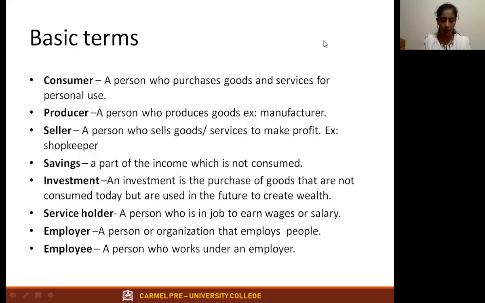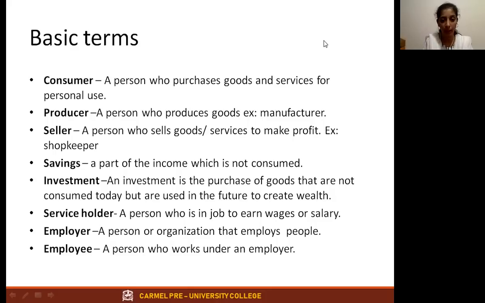Then comes the seller. A seller is a person who sells goods or services. For example, the person who sells commodities is a seller, and also someone who renders a service to an institution or an organization is called a seller.